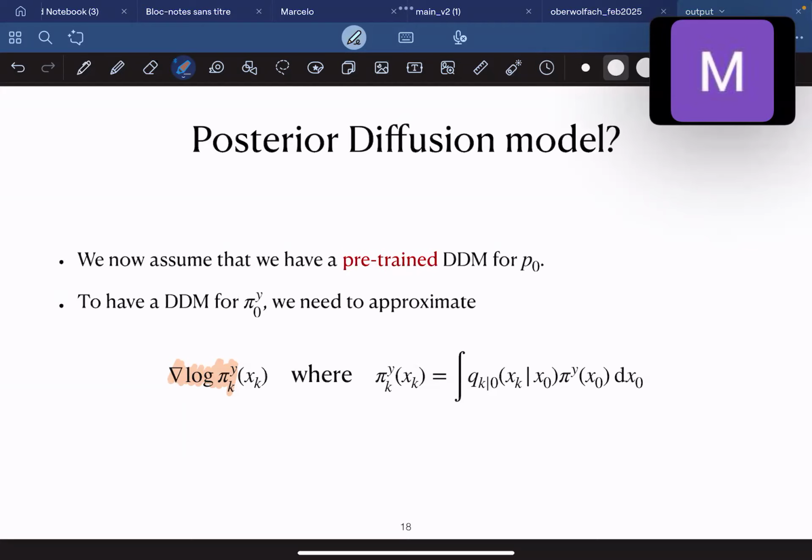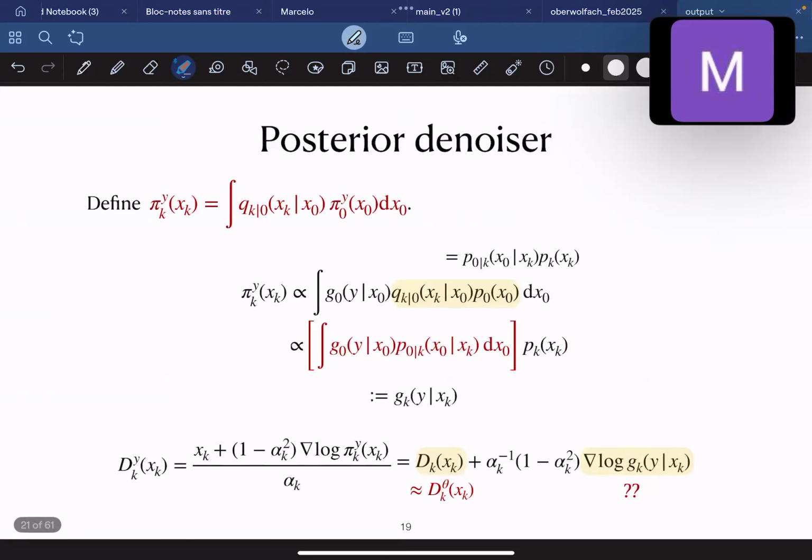So the question is whether this sequence of scores, gradient log pky, can be expressed as the score of my original diffusion plus something, and can I approximate this something? It turns out that you can almost do it.